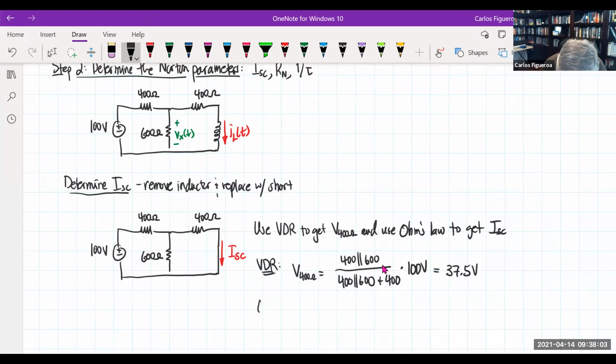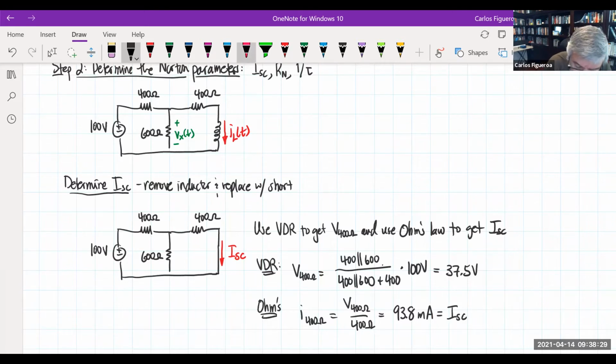Now, using Ohm's law, the current of the 400 is going to be the voltage of the 400 divided by 400. When I compute that, I get 93.8 milliamps. But remember, this is the same as I short circuit.